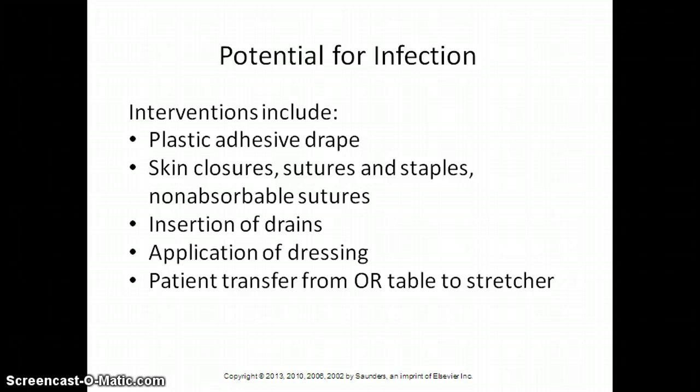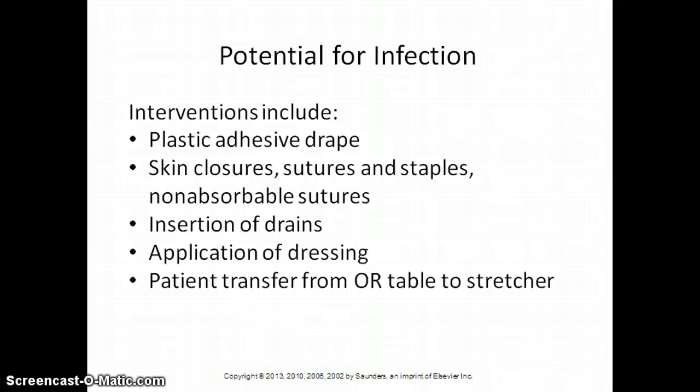Many patients run the potential of infection during the postoperative period. Obviously, if we've had an invasive procedure done, we've been cut open, we've had incisions made, we've had injections, those types of things.